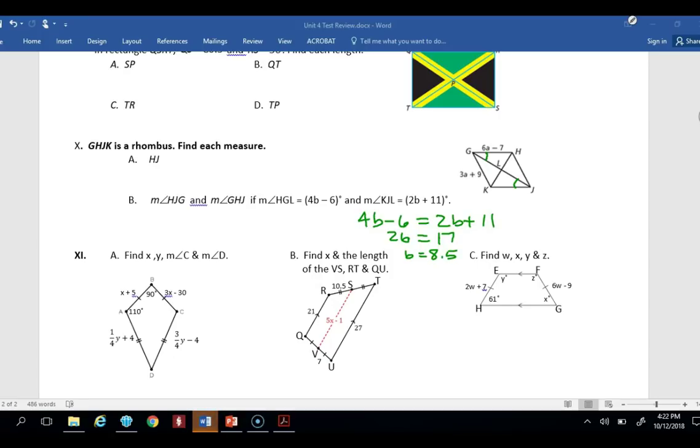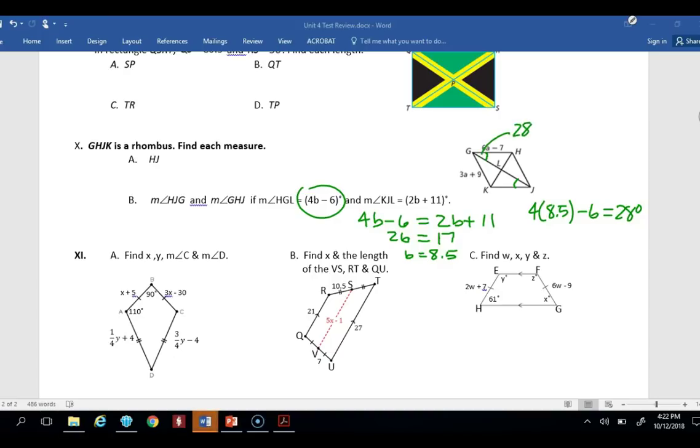So let's go ahead and plug 8.5 back into this one right here. So that's 4 times 8.5 minus 6, that equals 28. So that is this angle up here. So this is 28.